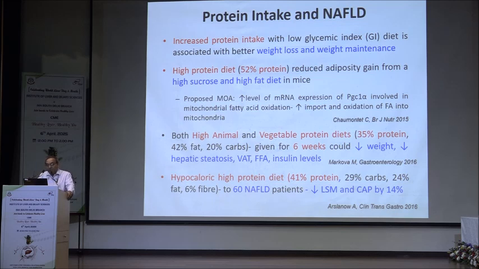A high protein diet reduces adiposity gain from a high sucrose and high fat diet in mice. This was an animal study. Both high animal and vegetable protein diets given for 6 weeks could lead to weight reduction, decreased hepatic steatosis, and insulin level. And a hypocaloric high protein diet given to NAFLD patients decreases LSM and CAP by 14%.